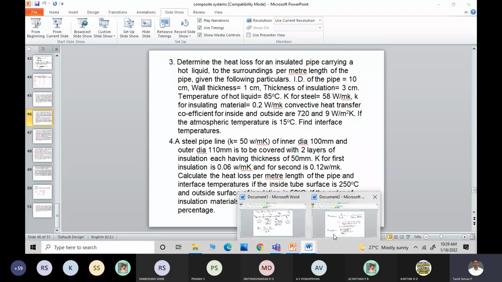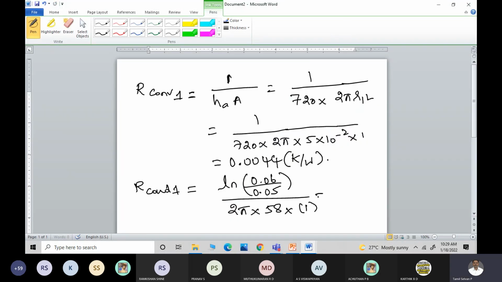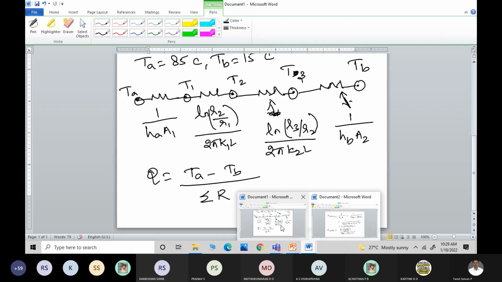I'm sorry. 58 into 1. How much is it? Solve it faster. See, I have written here. What is the resistance?